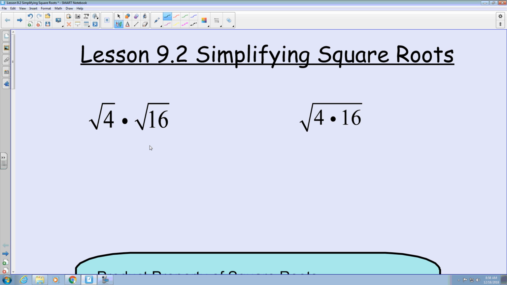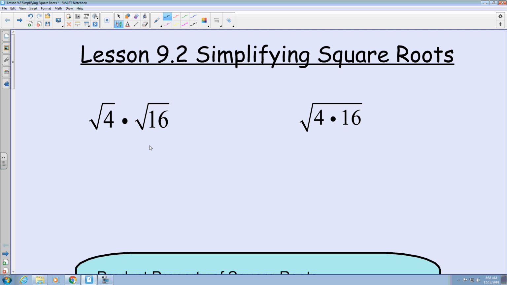All right, we're looking at section 9.2, where we are going to simplify square roots. When you're looking at square roots, there are two different ways that you can answer a question using square roots.